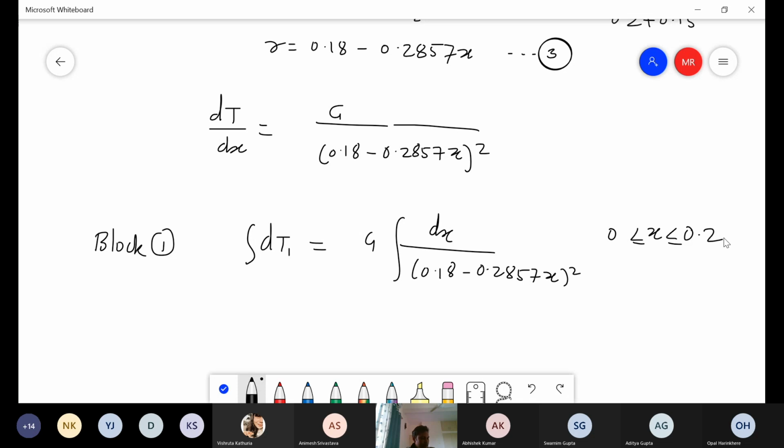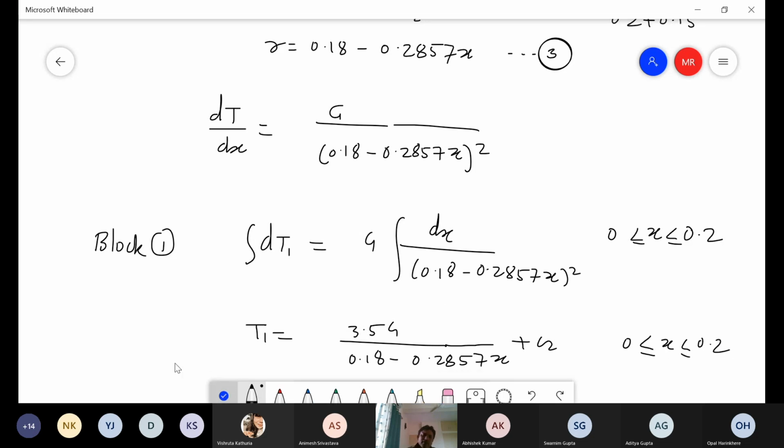So by integrating, what we get here is T1 is given as 3.5 C1 divided by, I'm just directly writing down, 0.18 minus 0.2857 x plus C2, and this is in the range 0 to x 0.2.